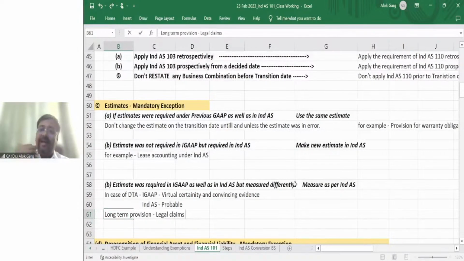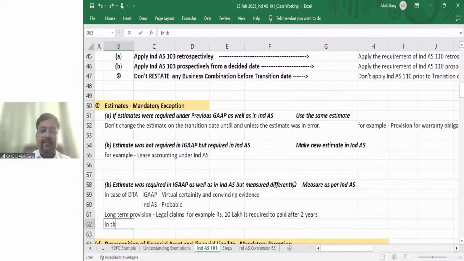But in Ind AS, it has to be discounted. Long-term provision, legal claims. Rupees 10 lakh is required to be paid after 2 years. This is the only payment, right? After 2 years.